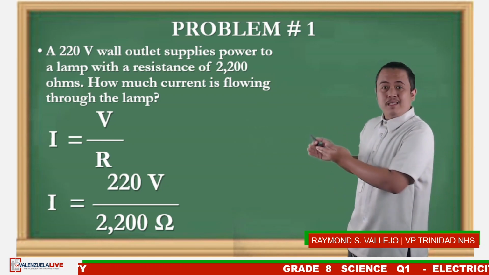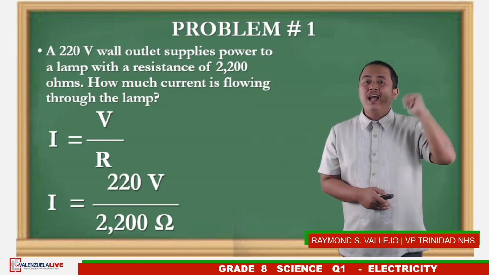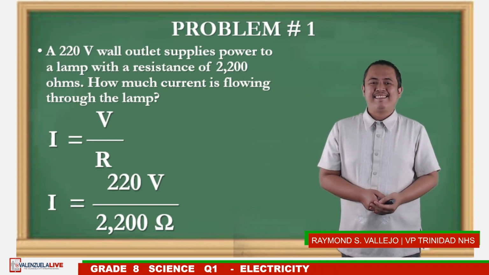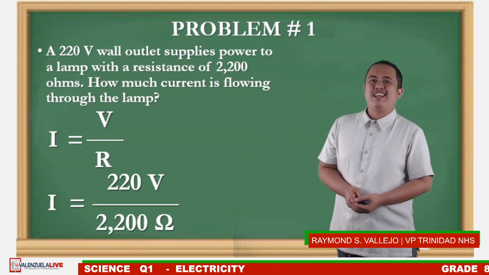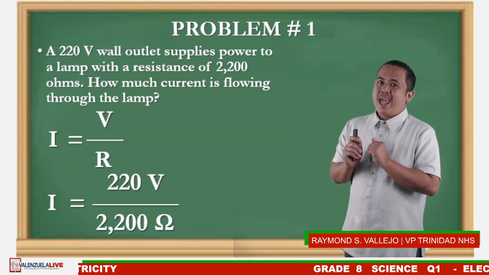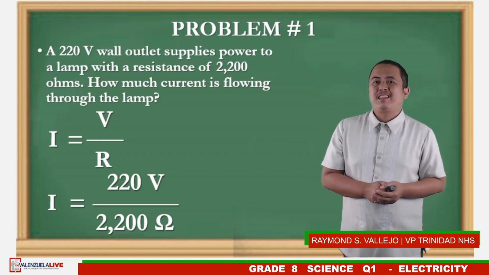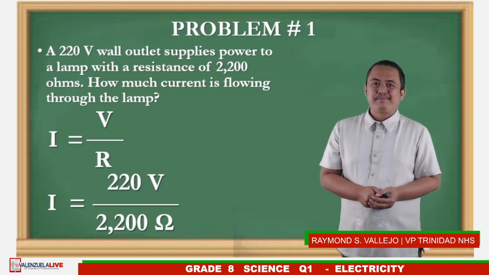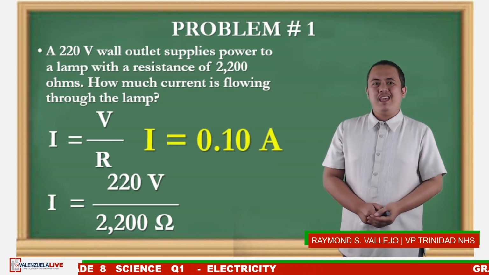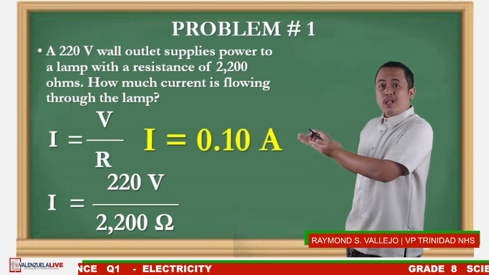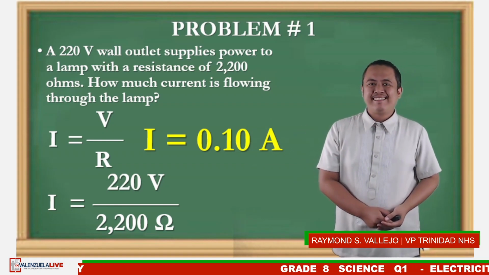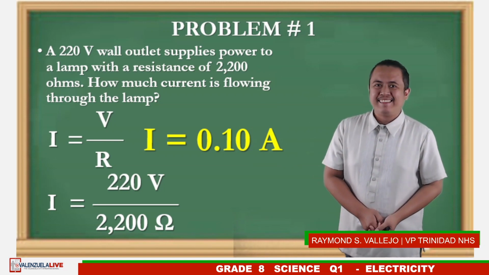Again, the formula is 220 divided by 2,200. Type your answers in the comment section. Again, the correct numerical value and the correct unit. So, the final answer shall be the current is equals to 0.1 amperes. I hope you got the correct answer.